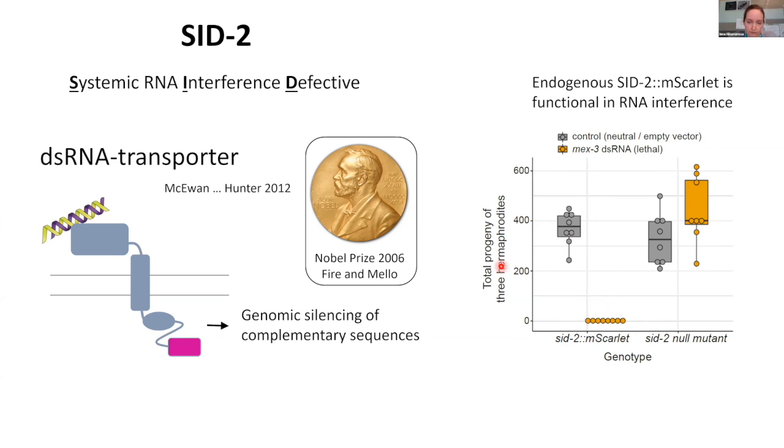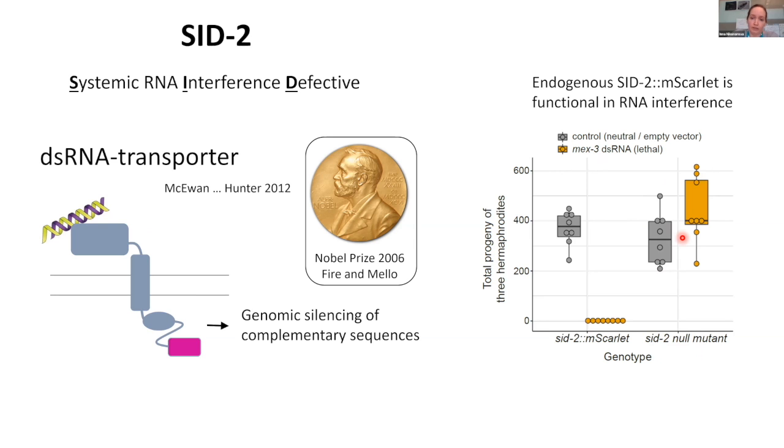This is total progeny of 3 hermaphrodites, 3 mothers that were eating this kind of RNA. And if you compare this to the null mutant, you can see that the double-stranded RNA that was lethal was not absorbed and it didn't initiate any silencing. So both of them produced a normal amount of progeny.